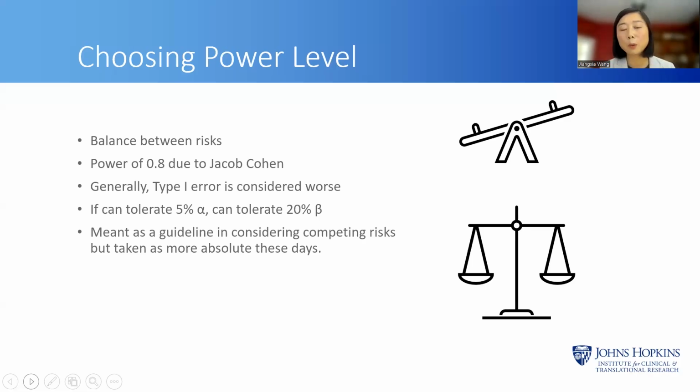So we usually use 0.8 and 0.9 just to see what sample size you would need to achieve this kind of power that we set as a rule of thumb nowadays. So generally speaking, the type 1 error is considered worse. So if we can tolerate this 5% alpha, generally we can tolerate the 20% beta.